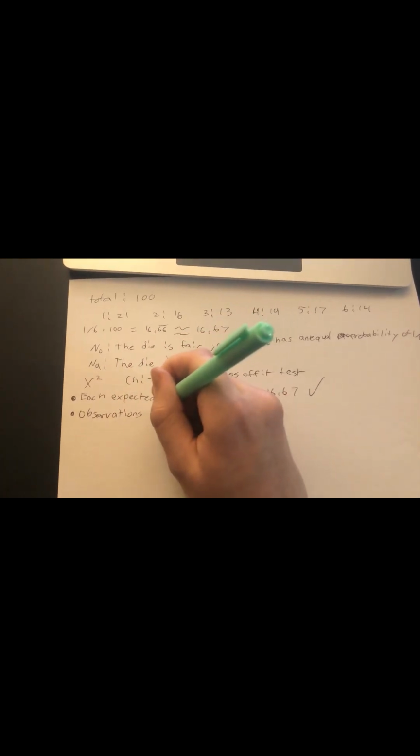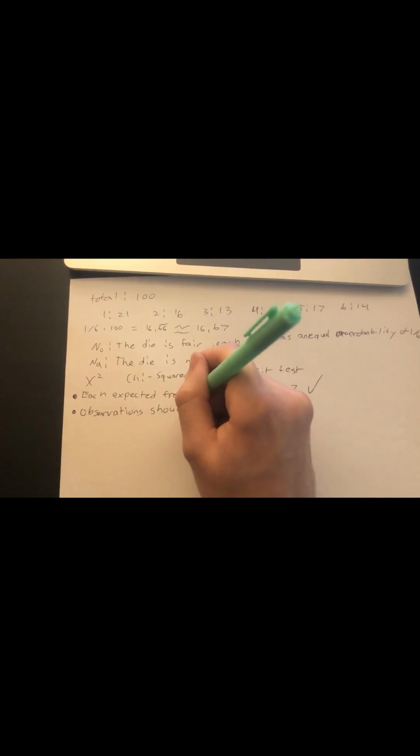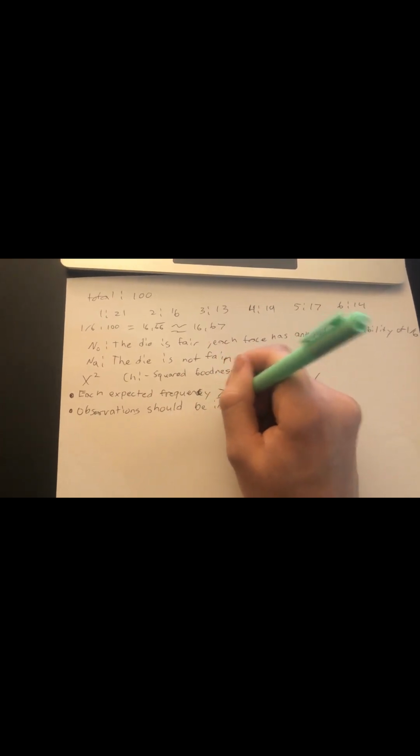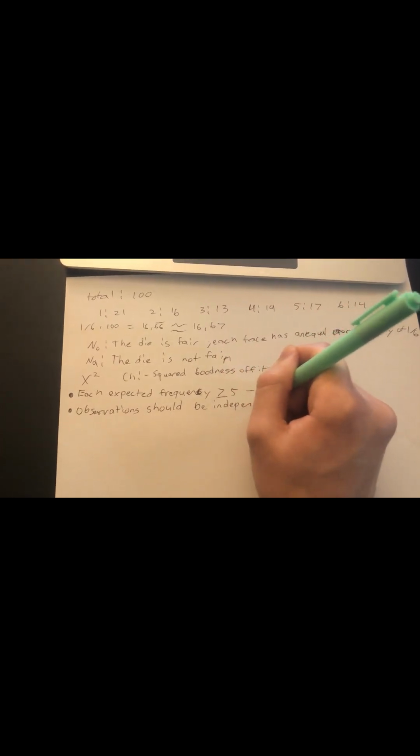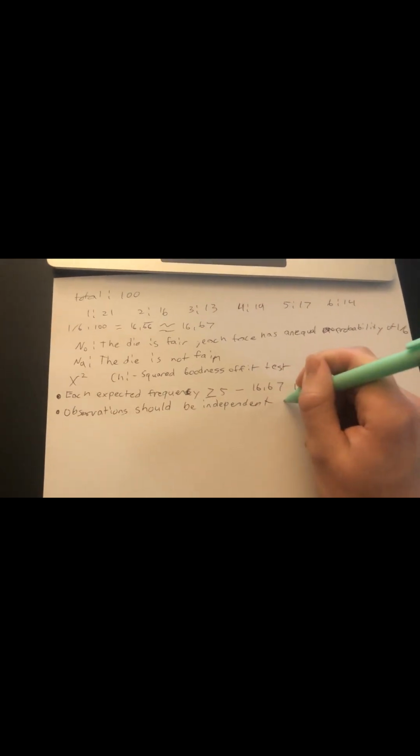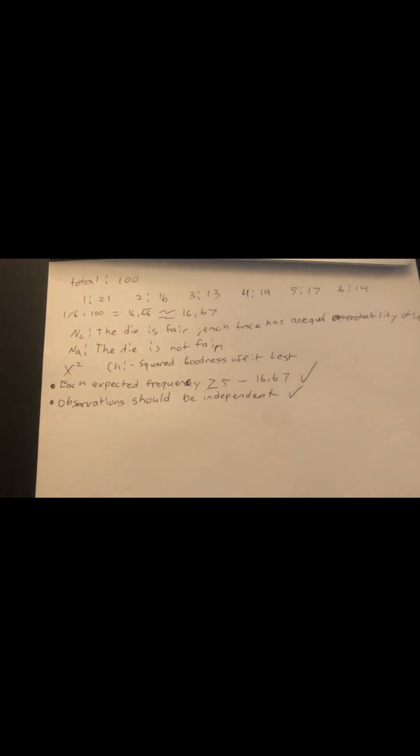We have the observations should be independent. We're good there because one of our rolls does not impact the results of any of the other rolls, so they're independent.